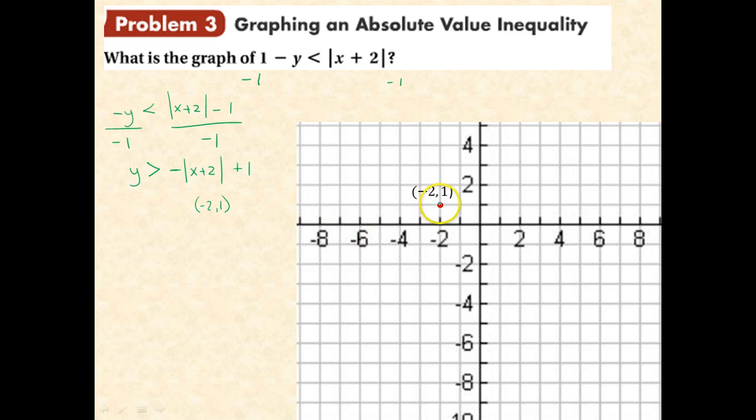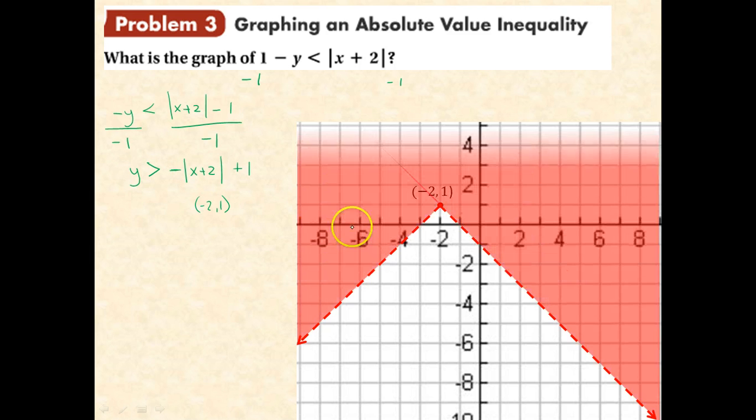And then we would normally go up and down like this, but since we have a negative in front, we're going to go down like that. Since it's only greater than and not greater than or equal to, we don't include the boundary. So that's why our boundary lines are dashed. And then greater than means we're going to shade above. Bada bing, bada boom.